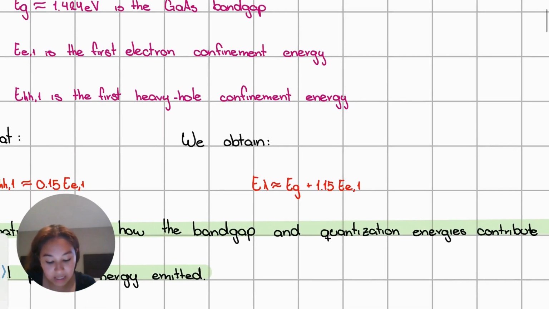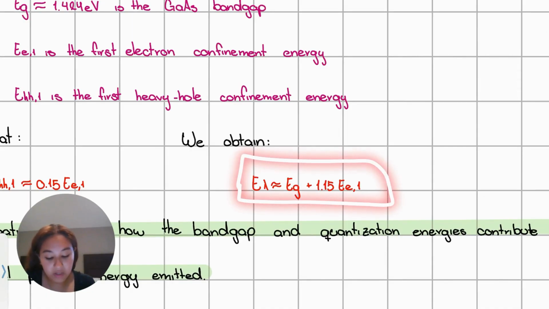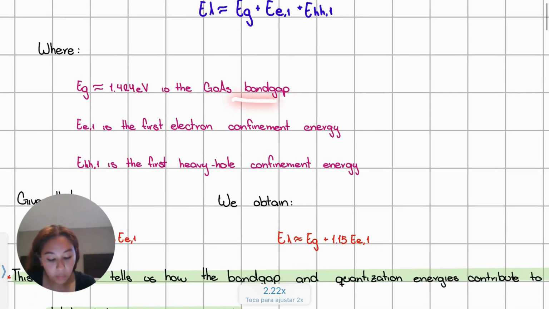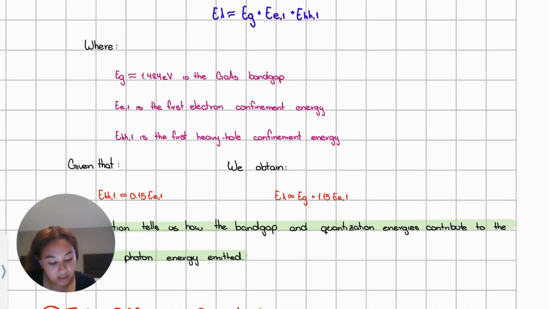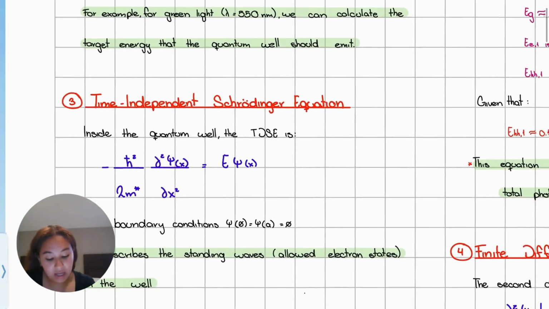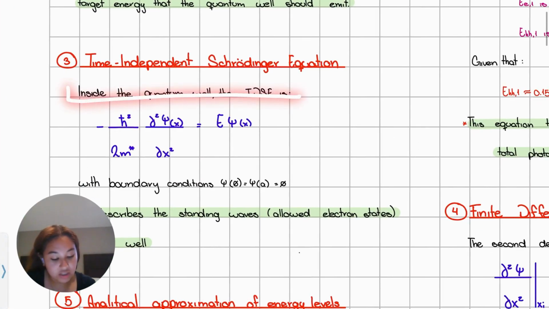Given that EH1 has an approximated value of 0.15 E1, we obtain that E lambda equals approximately Eg, the GaAs band gap, plus 1.15 E1. This equation tells us how the band gap and the quantization energies contribute to the total photon energy emitted.